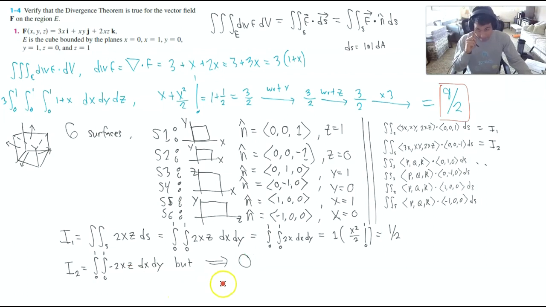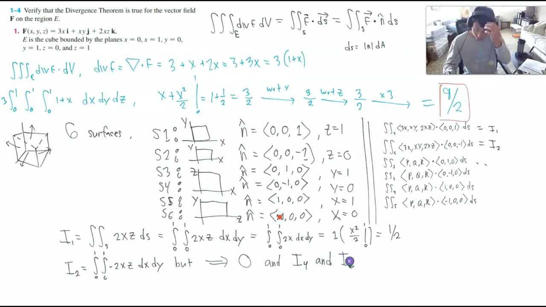Okay. So as you can see, for y equals 0, for what integral is this? 1, 2, 3, 4. For the fourth integral, for I4, for this integral, it's going to be 0. For the sixth integral, it's going to be 0. So 0 and 0. Okay? So I'll write that for I4 and I6.